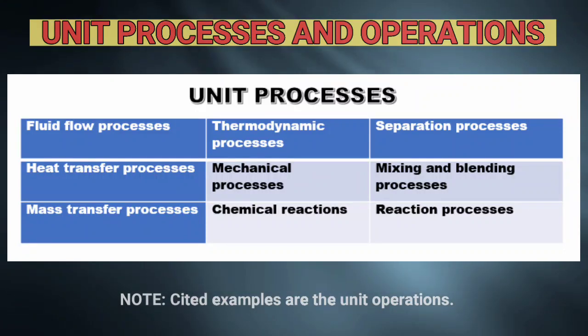Then we have the separation processes or operations such as distillation, crystallization, filtration. These are separation processes. Then we have the mixing and blending processes. Then we have the reaction processes, the catalytic reactions, fermentation. So we have these as the examples of unit processes.